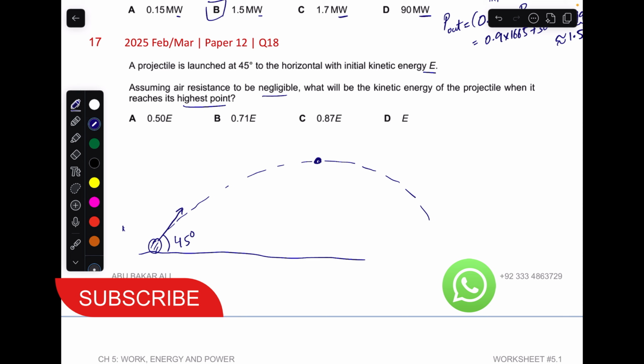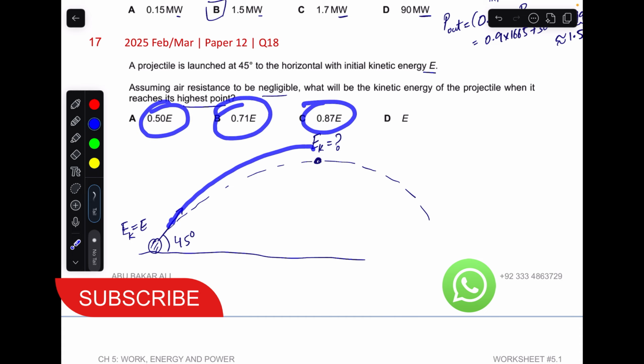At start, the kinetic energy is equal to E. And at this point, you have to find its kinetic energy. If you see the options, the energy is in terms of the initial kinetic energy.